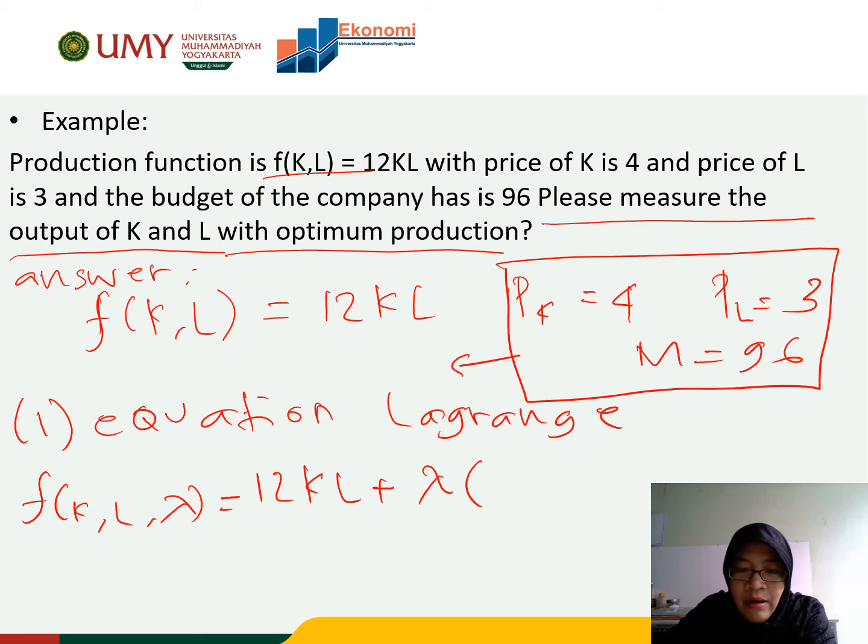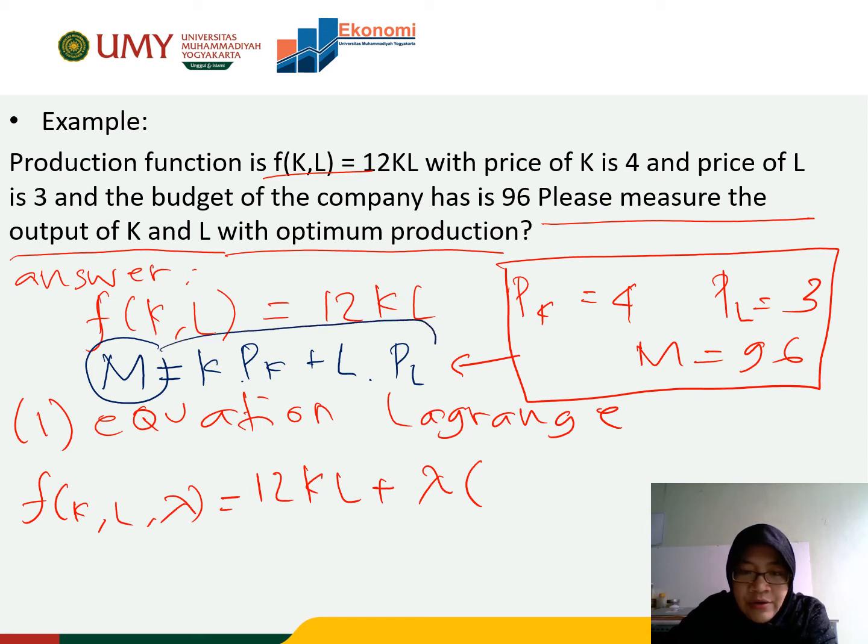So you remember how to make the function? The function is M equals K times PK plus L times PL. However, I put it in here so it becomes minus. Let me write it in here.